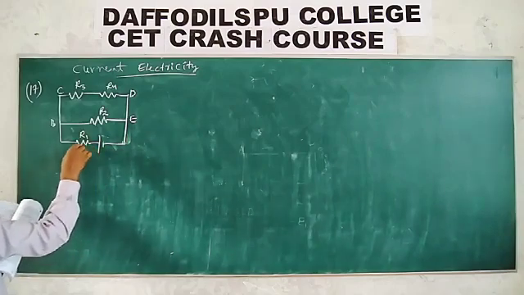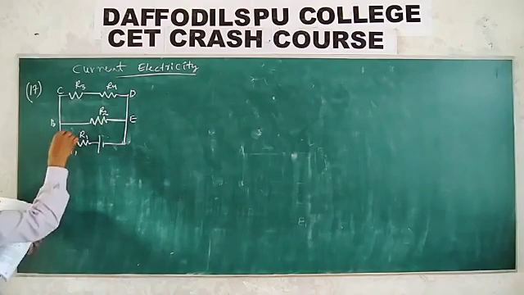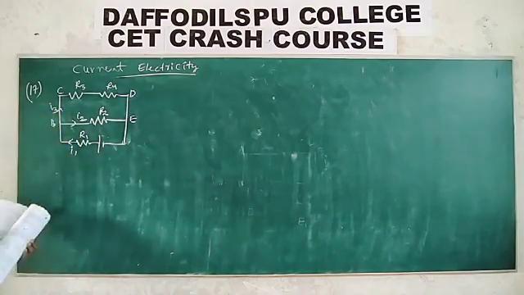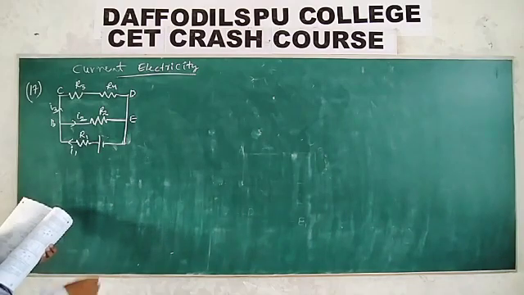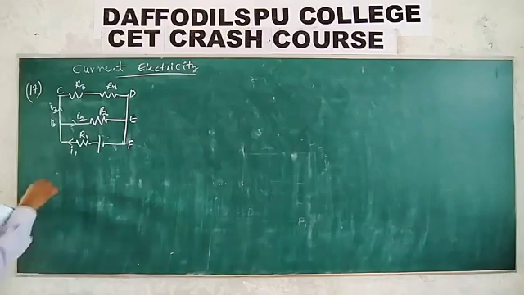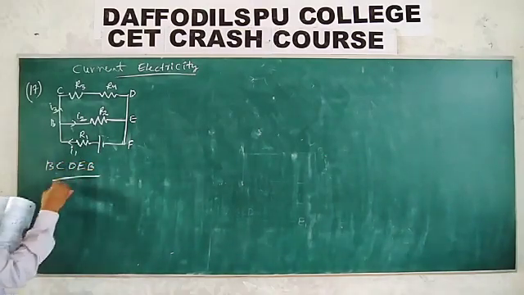They have given the directions of the current I1, and this will be divided as I2 and I3. Now they are asking for the loop BCDEB.